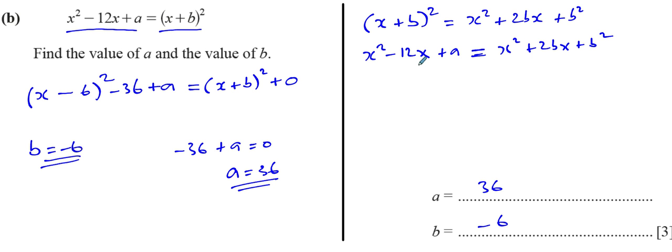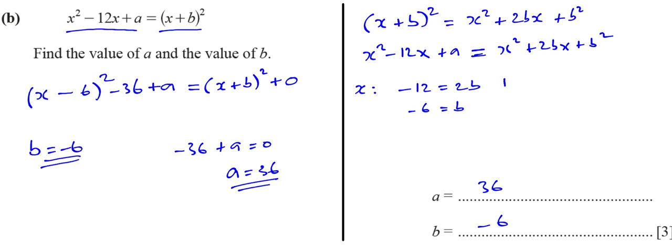If I compare the coefficients of the x's, this is minus 12x and this is plus 2bx. So I can say minus 12 must be the same as 2b. That means b is equal to minus 6, dividing by 2 both sides, which is the same as what we got earlier.